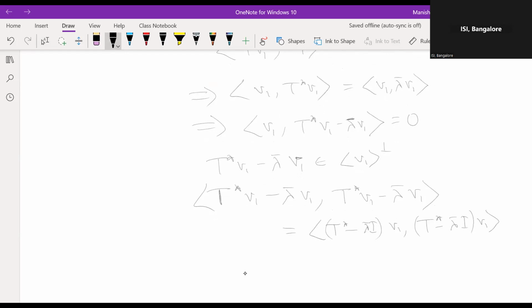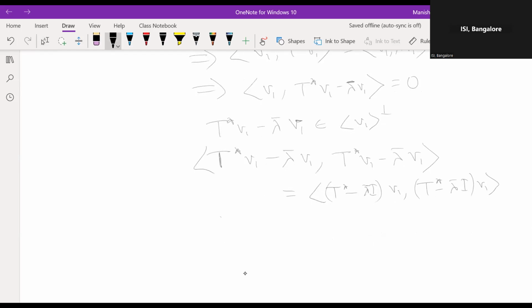Identity commutes with everything. So lambda bar identity is also normal. The difference of two normal operators, T star minus lambda bar I, is also normal, because T star and I commute. T star I is the same as I T star.